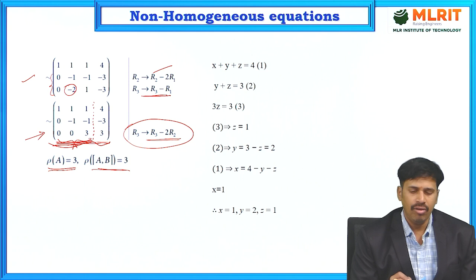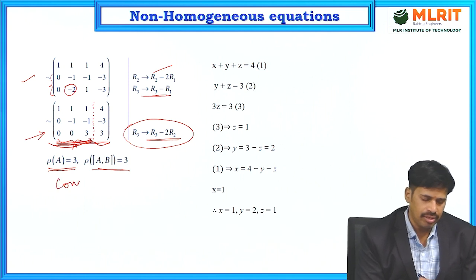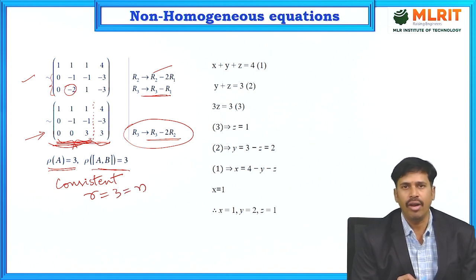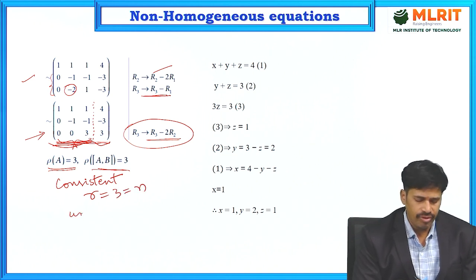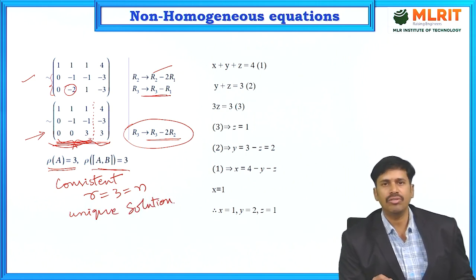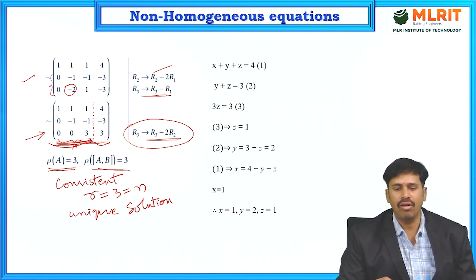Both are equal, so we say that the system is consistent, and the rank is equal to 3, which is equal to n, the number of unknowns. So the system of equations will have a unique solution. The system of equations will have a unique solution if r equal to n.